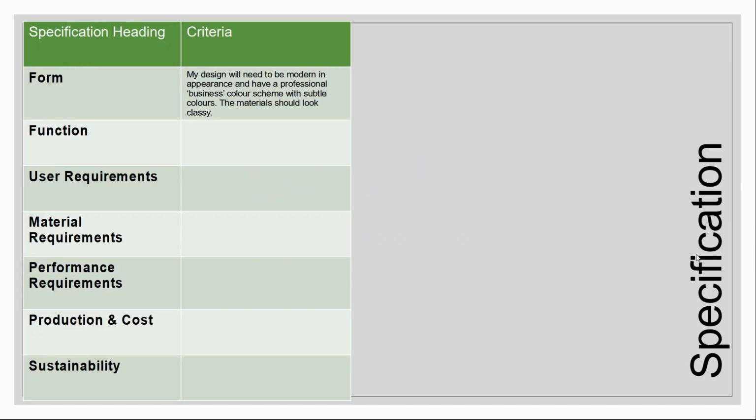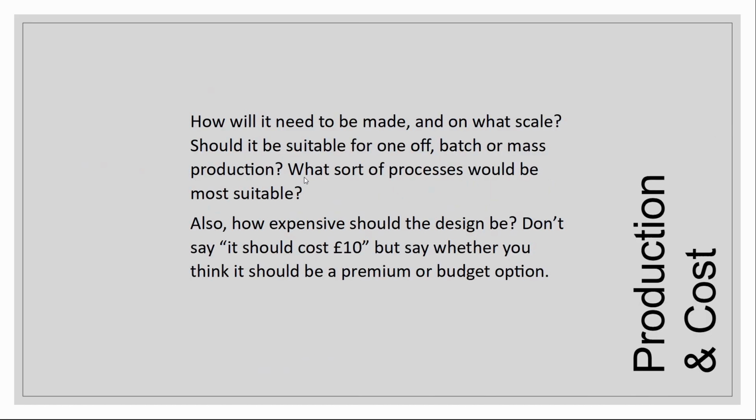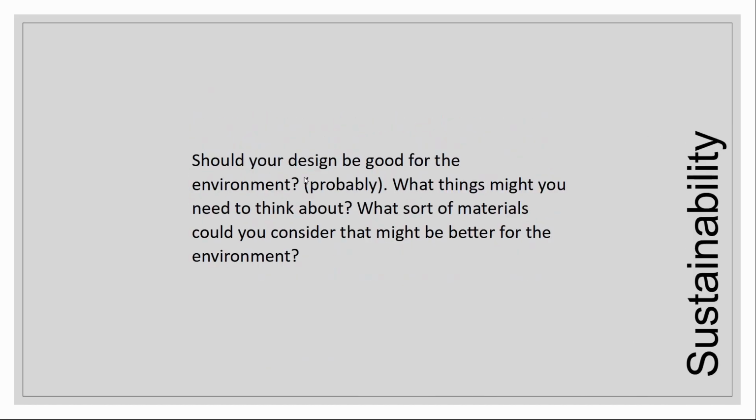Right then, so what I'm hoping you've done by now, if you've been following this through, I obviously did my first example up here to do with the appearance and the form. What I'm hoping you've got is a statement in each of these boxes that links to each of these here, right? If you've missed any, just go back through this video and you'll be able to find the different spiels I've done on each of these, okay?